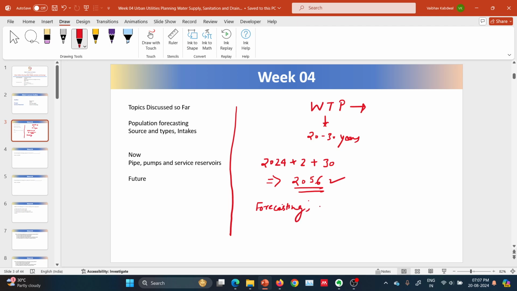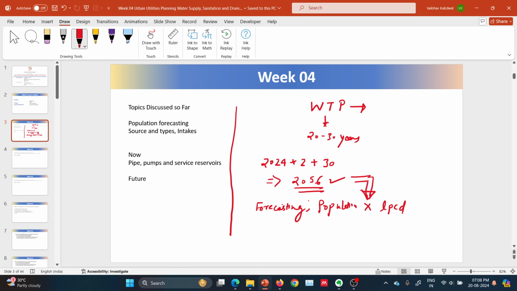With that forecasted population, we will multiply liter per capita per day, meaning the water requirement per person per day. Then we will get the water demand for the future. This is the concept we use to get the design water requirement.